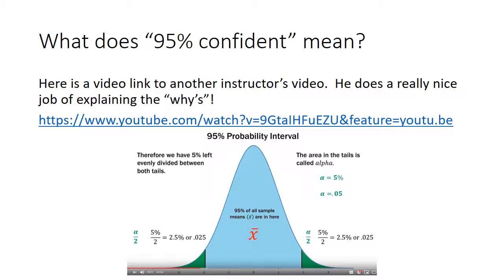Okay. So here's a nice picture from this video that kind of talks about what this 95% confident means. If we think back to the central limit theorem, if we have some population and a set sample size, and we go into that population and get a sample of whatever size and find the mean and throw it on a histogram, and then we do that again and again and again for every possible sample with that sample size, we find that we get a normal distribution for our sample means.